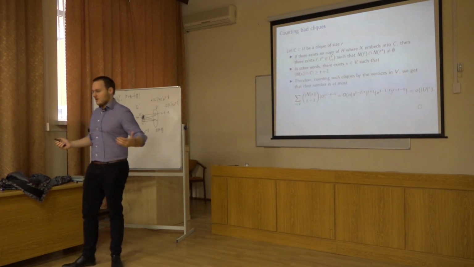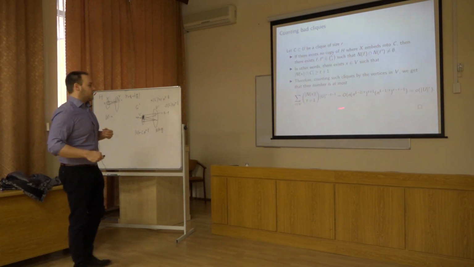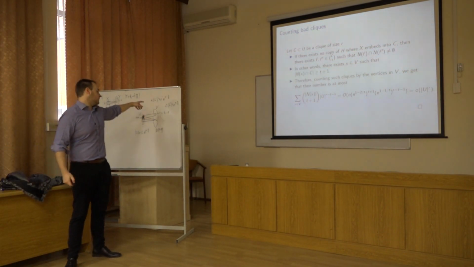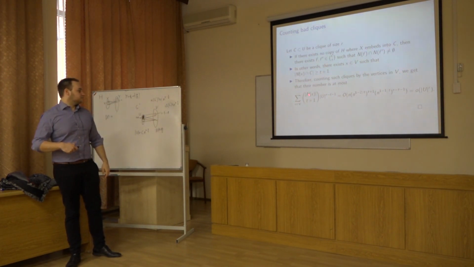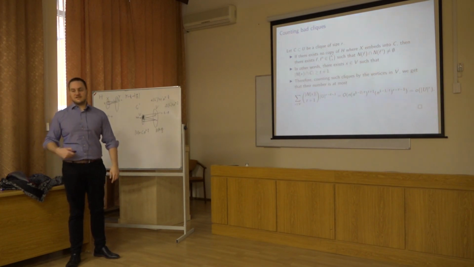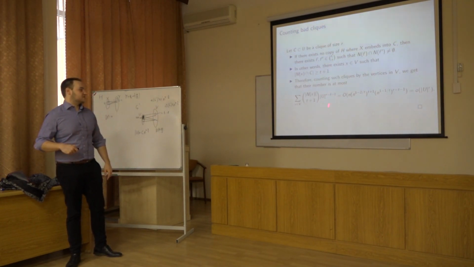But then we can count these bad R cliques by summing up over every vertex X in V. For this intersection of size t plus 1, we can choose it in at most the degree of X choose t plus 1 ways, and we can choose the rest of the R minus t minus 1 vertices of our clique in at most u to the R minus t minus 1 ways.